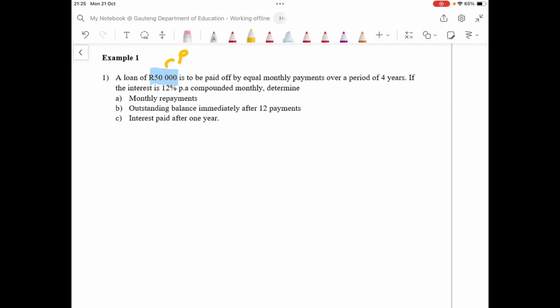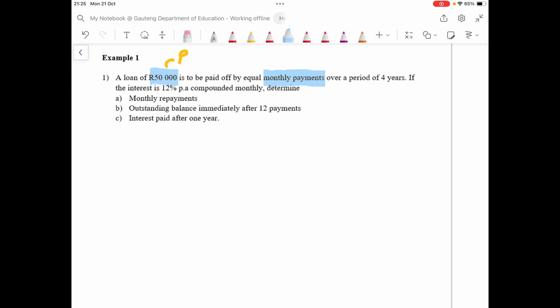It's to be paid off by monthly payments over a period of 4 years. Now, monthly payment, that is a keyword. The loan is being paid every month. That is a regular time interval from our definition.